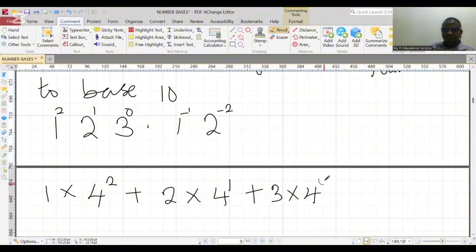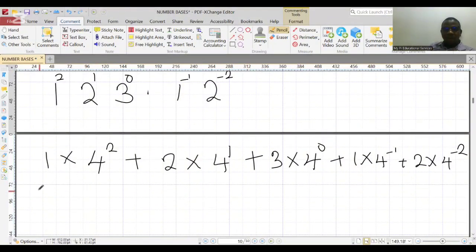4 to the power of 0, plus the next digit is 1 multiplied by 4, and the power of this is -1, plus 2 multiplied by 4 to the power of -2.